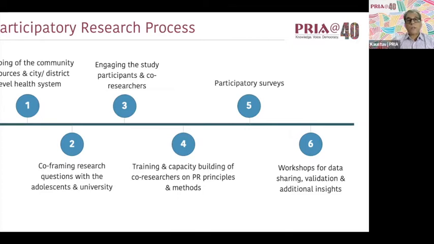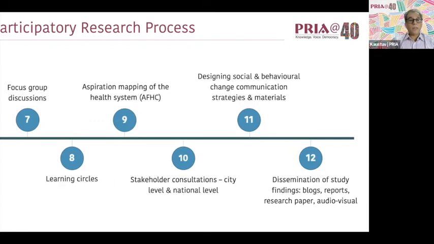In the process, we also interacted with the other stakeholders, particularly the local health officials, municipal officials, and also the community members. These interactions provided us many additional insights.